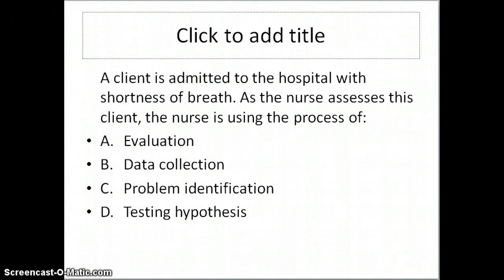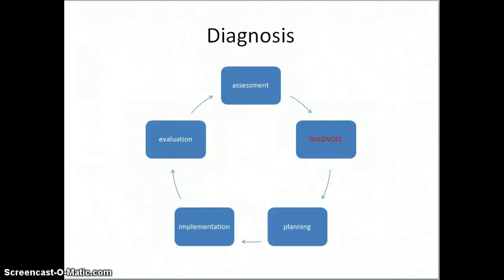And if that was the test, I probably would not put the word shortness of breath. I would put the word dyspnea, D-Y-S-P-N-E-A. As the nurse assesses this client, the nurse is using the process of, and the answer is B, data collection. We are at the point where we are collecting data.